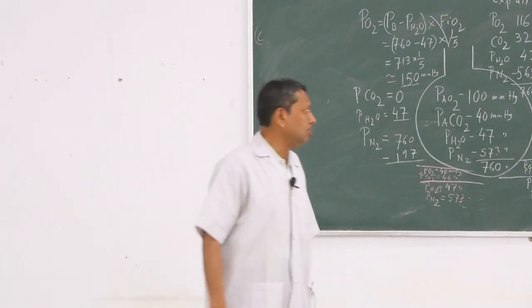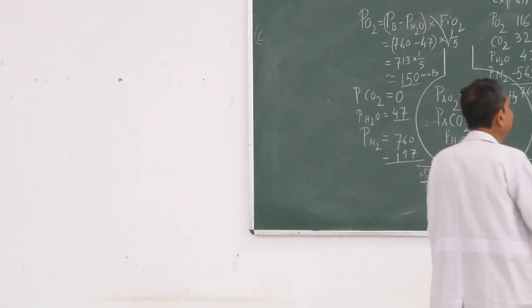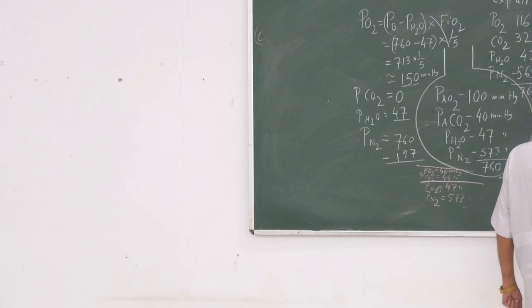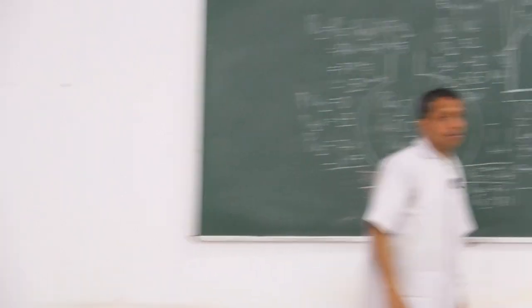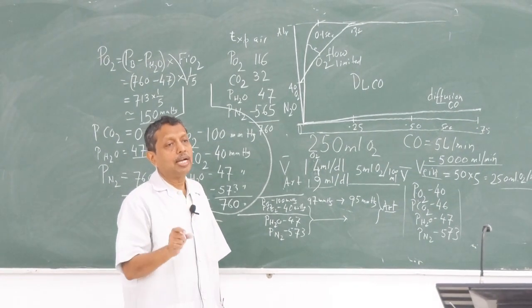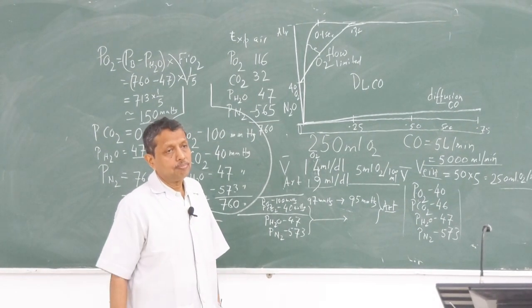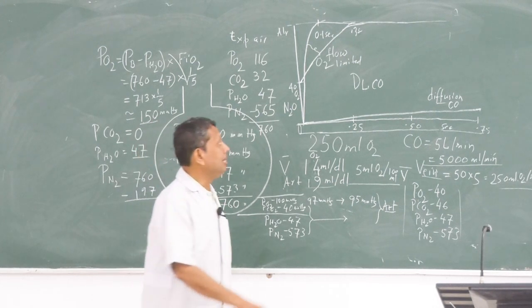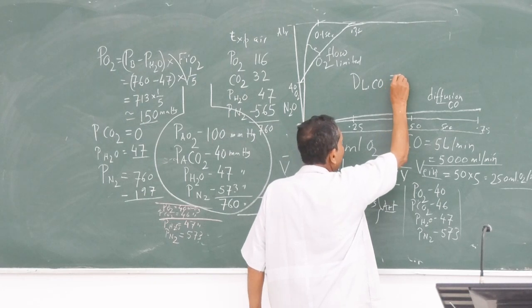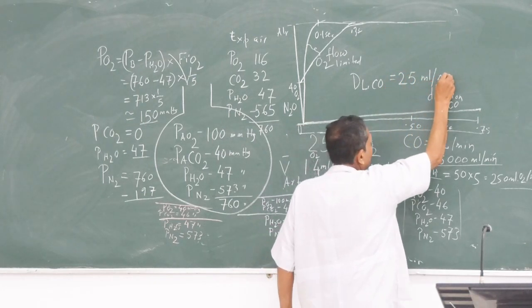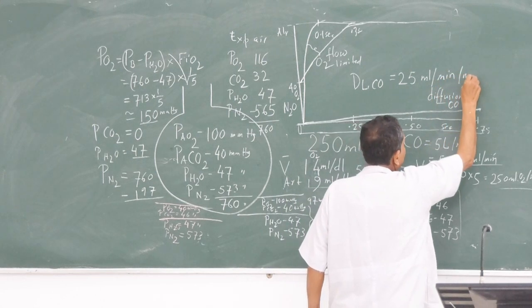In resting conditions, it is called DLCO, that is the diffusion of carbon monoxide per unit time and unit pressure difference. Its value is close to 25 ml per minute per millimeter of mercury.